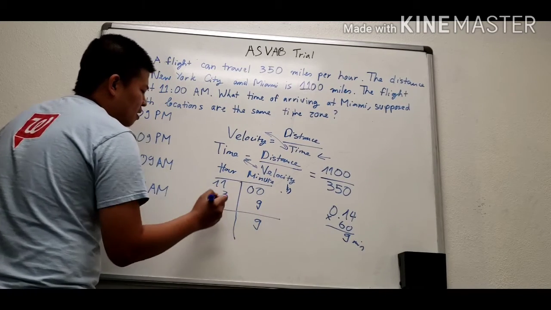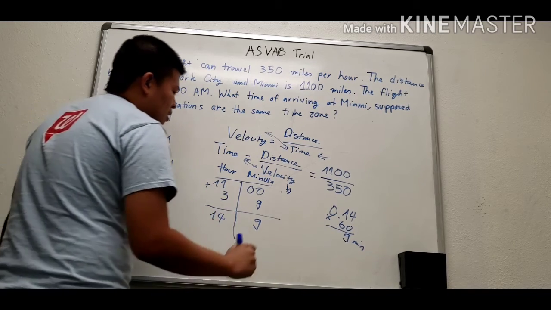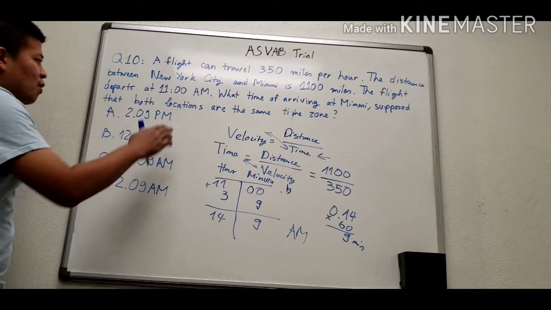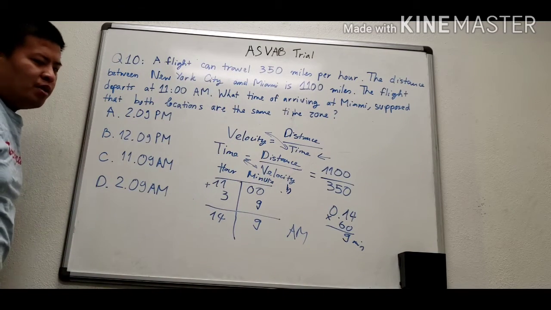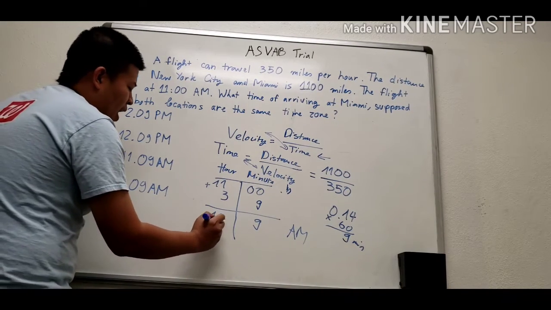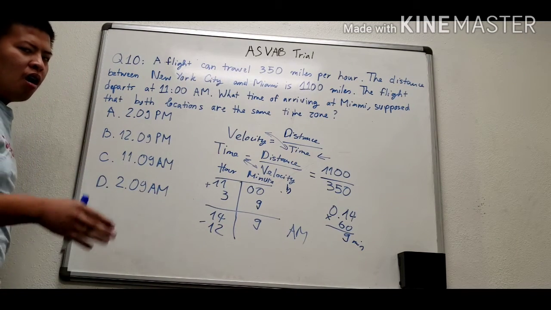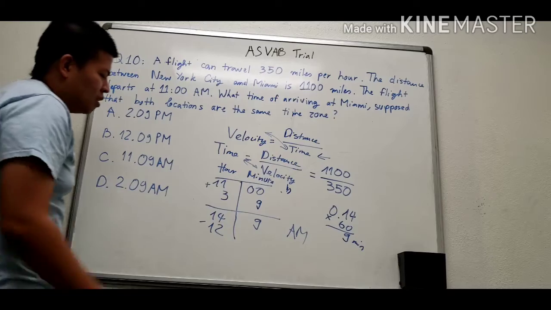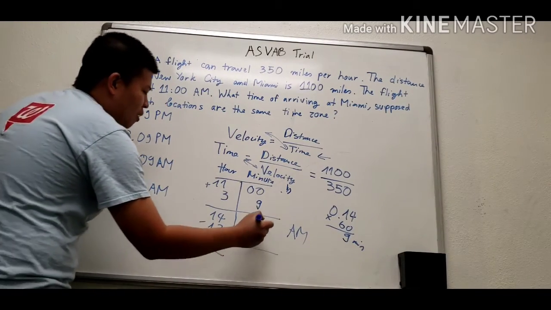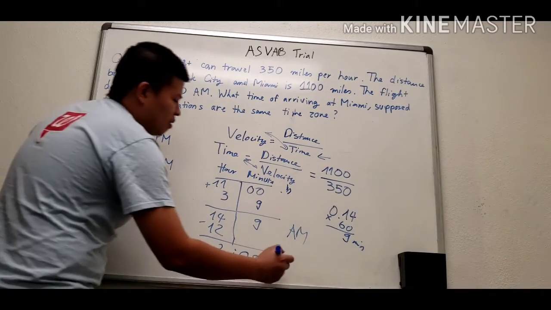We have 9, and 11 plus 3 is 14. Because we are still in the AM, if you want to transform from AM to PM, you need to have the total hour higher than 12, so that you can transform from AM to PM or from PM to AM. So 14 minus 12 is 2, and we keep the number 9, so we got 2:09 PM.